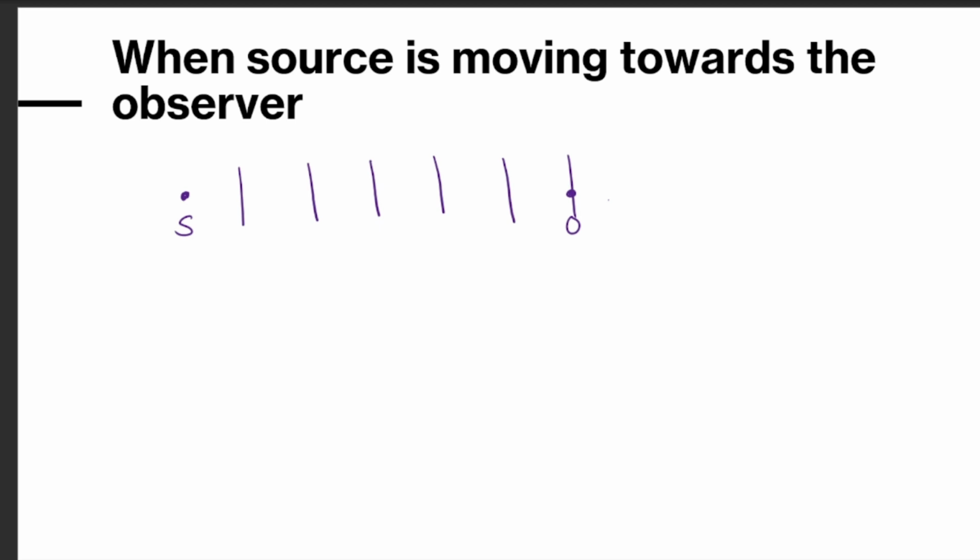Once the source starts moving either towards the observer or away from the observer, then the observed frequency, which is reaching the observer, will change. So the sound wave has some characteristics. Let's write that first. Sound has speed. So the speed of sound is v here. Throughout the derivation, I will be using v for the speed of sound.